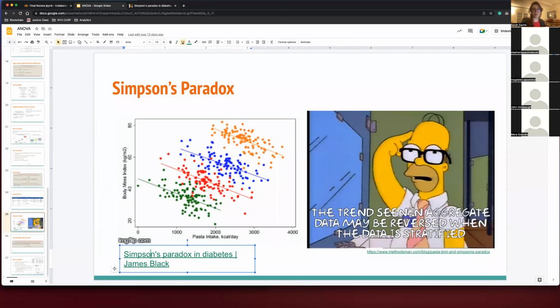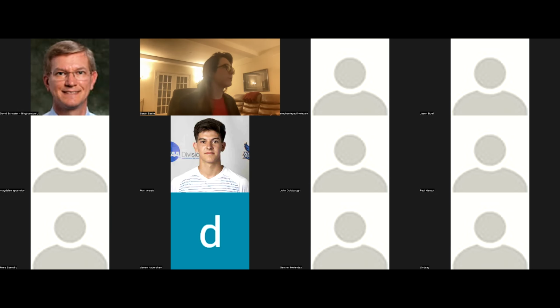Okay, let me grab, there's a really good example from Titanic. I will grab that. But for the scope of the final, it would more so just be if you can explain how when we create different categories in a population, we might be capturing different patterns that might not be reflective of the entire population.